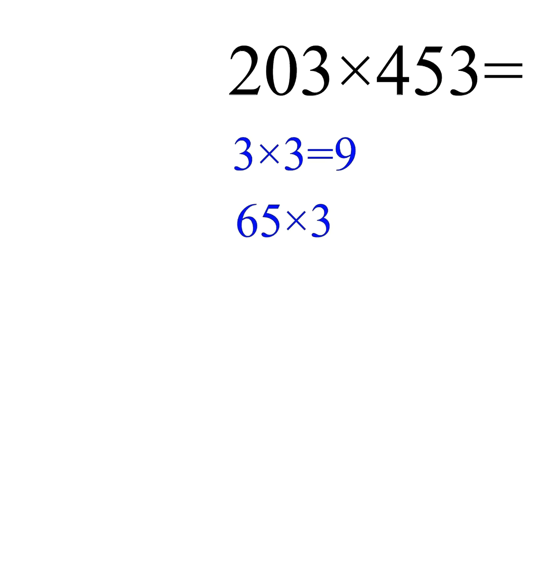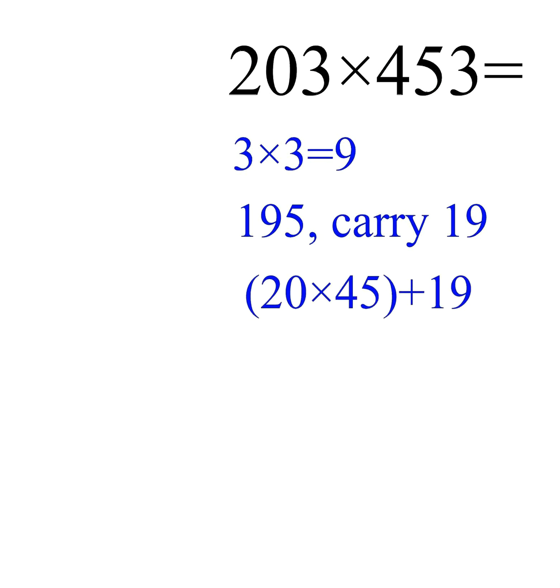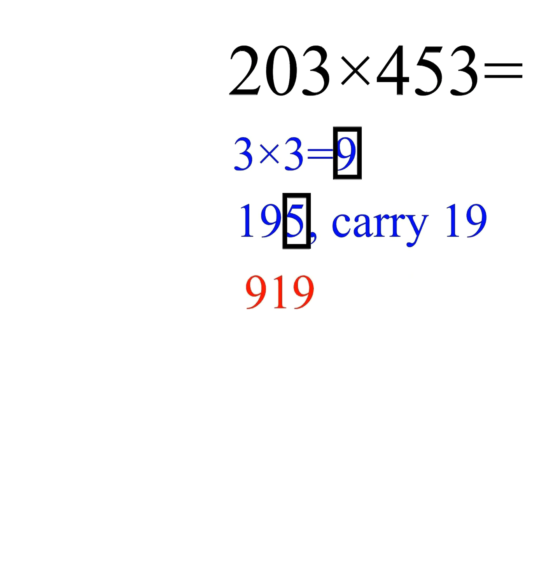So that would be 195. We carry 19. And the last step is multiplying the remaining numbers into each other and adding it to 19 we carried before. So this would be 919. And we add the ones places of the previous steps in front of it, and that's it. This is our answer.